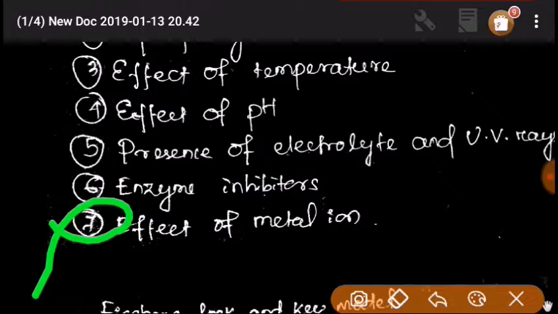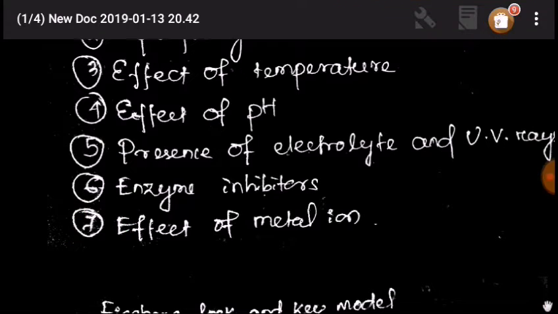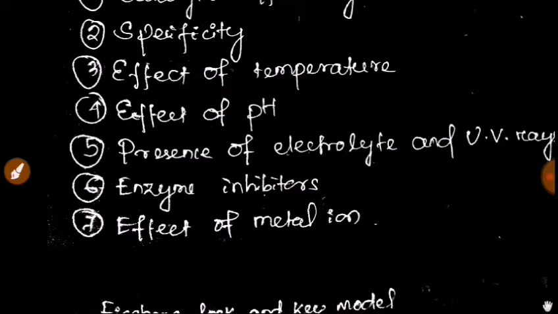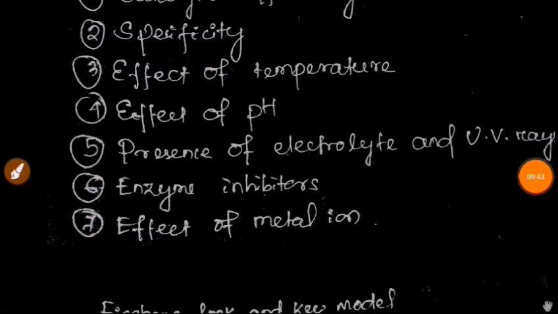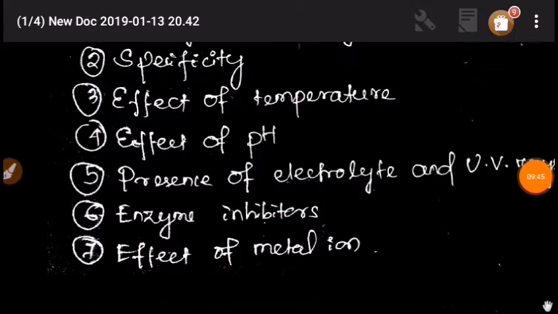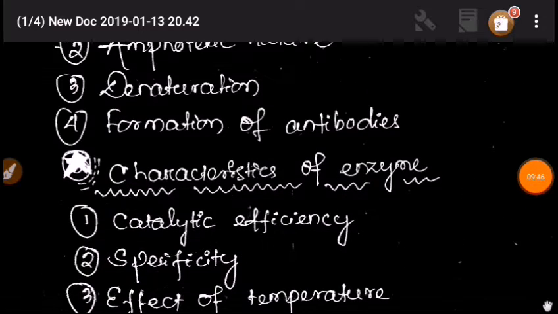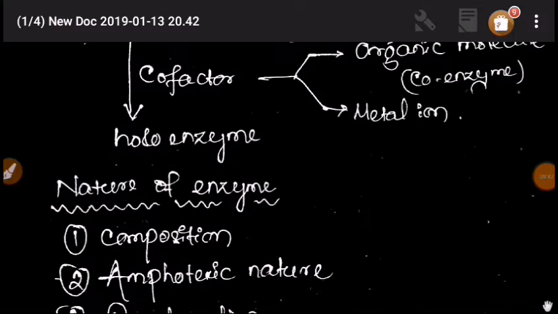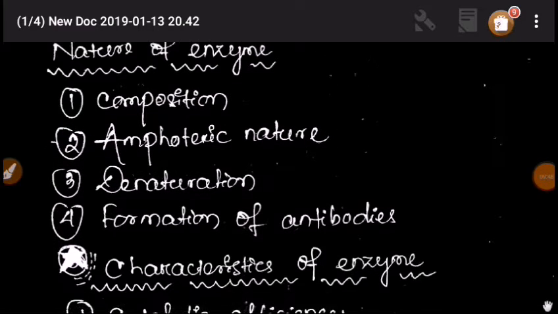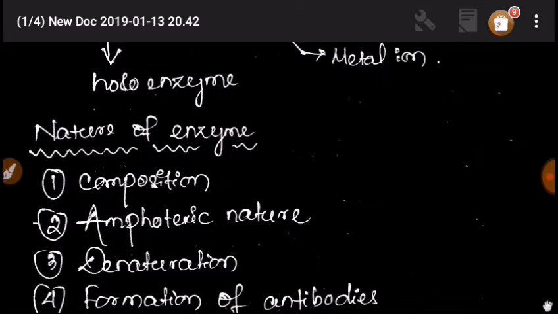These can be metal ions like sodium, copper, iron, zinc, magnesium, or small organic molecules like coenzymes, such as vitamins like thiamine, riboflavin, niacin, etc. In certain cases the enzyme activity can be reduced or inhibited by the presence of certain compounds called enzyme inhibitors.